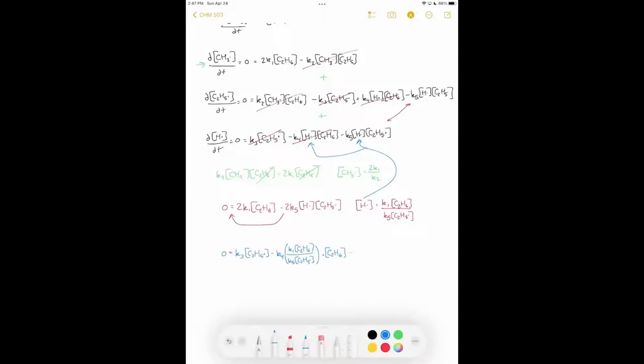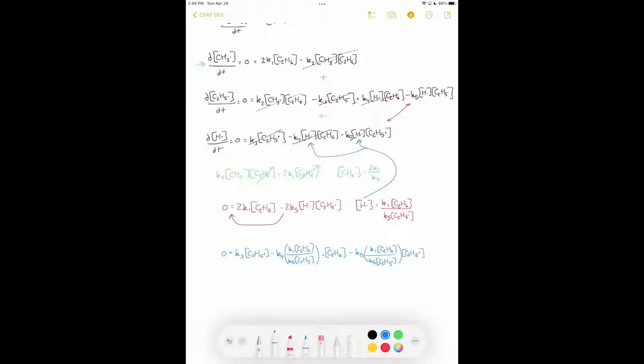And then we'll have minus K5, again, times the same thing, K1 C2H6 over K5 C2H5. And here we have the concentration of C2H5.